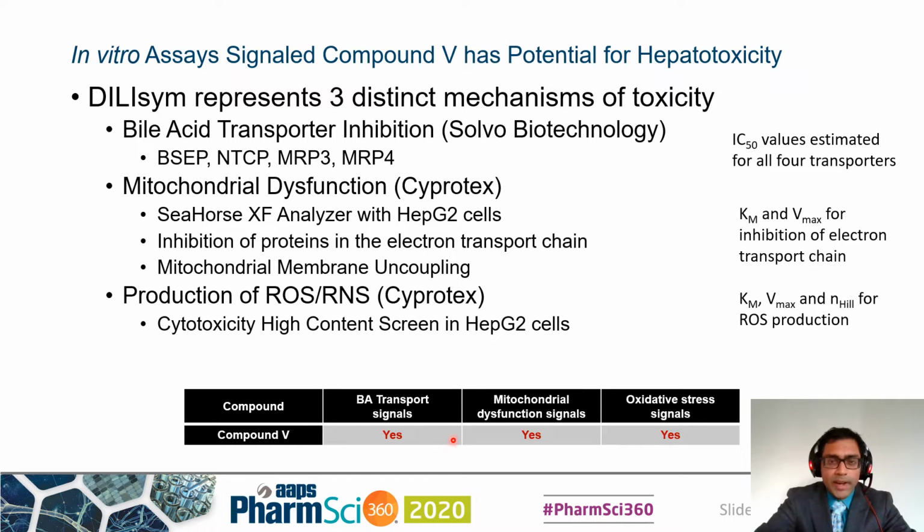It did show inhibition of all four transporters. And in fact, for mitochondrial dysfunction, it showed potential inhibition of the electron transport chain, meaning this molecule is going to decrease the ATP output of the mitochondria, potentially causing cell injury and cell death. And lastly, it was also showing production of reactive oxygen species.